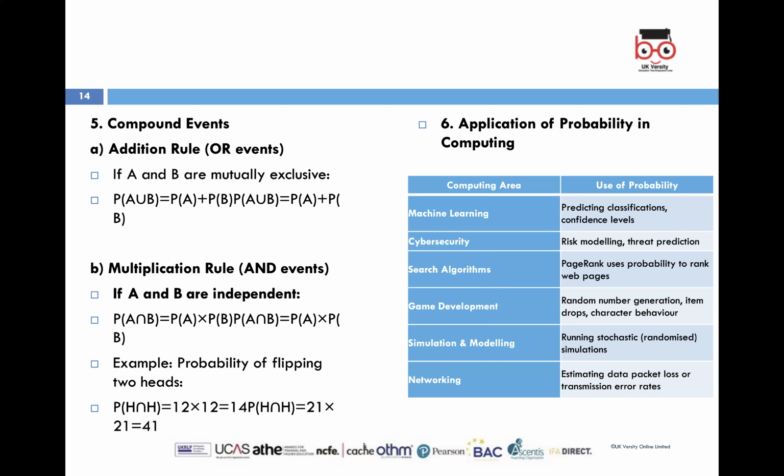Simulation and modeling use stochastic, randomized simulation, and in networking, estimating data packet loss or transmission error rates.